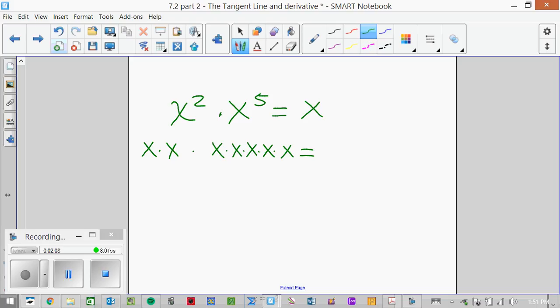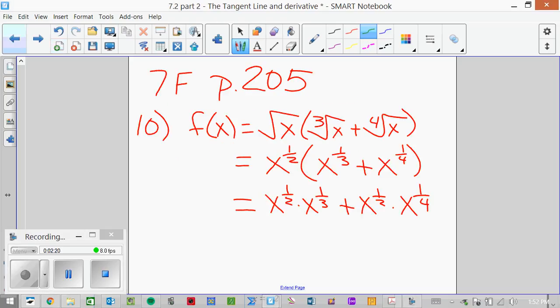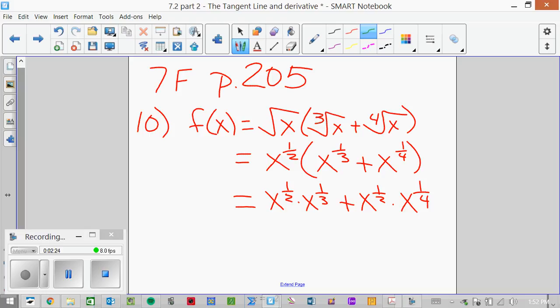Okay? When we multiply powers with the same base, we add the exponents. So in this case, this should be x to the 1/2 plus 1/3, right? Add the exponents. That's the rule.